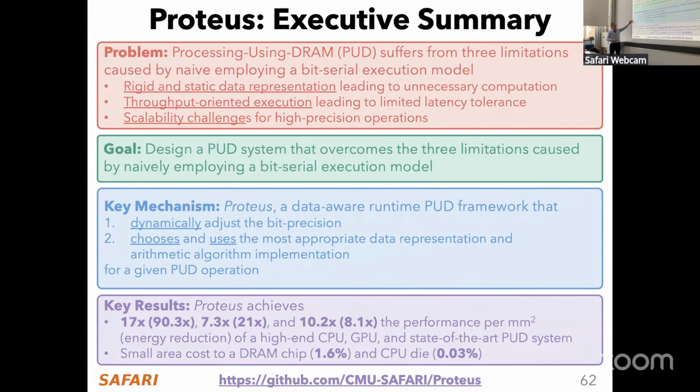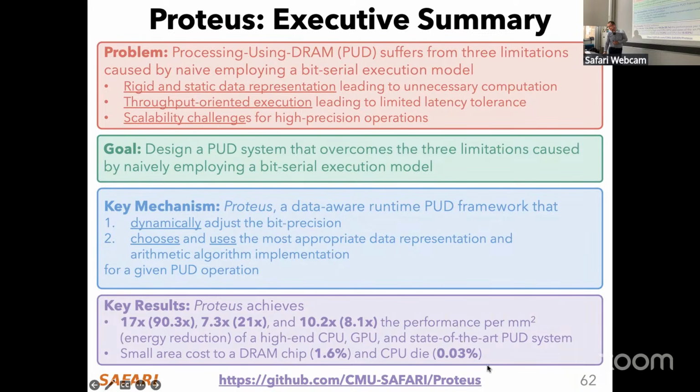Some of them are better represented with two's complement. And depending on the width of the data and the complexity of the algorithm, there's a mechanism to choose which one is the best for a given processing using DRAM operation. So there are a lot of software mechanisms to choose from. And in the end, it demonstrates that it's better than the previous work. And you can take a look at that. So there's more to do in this area.